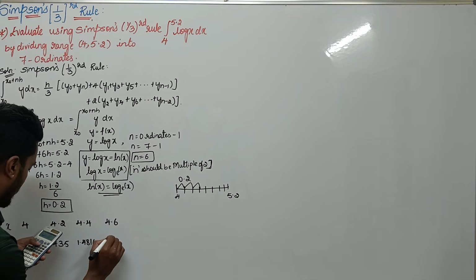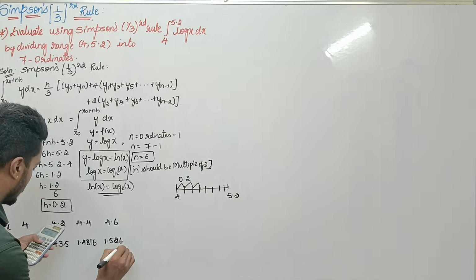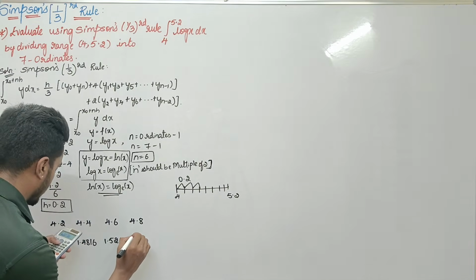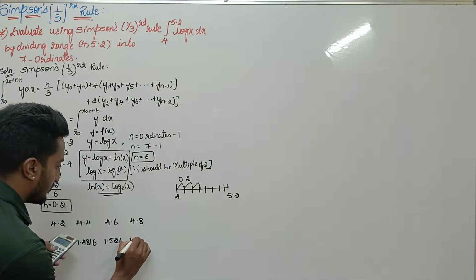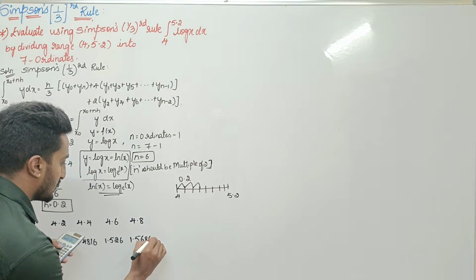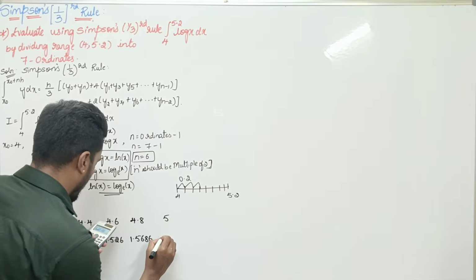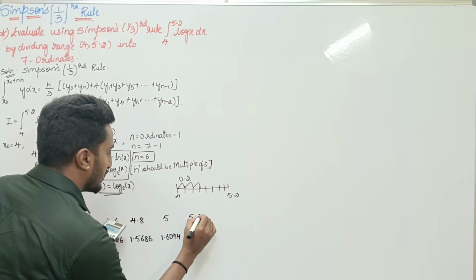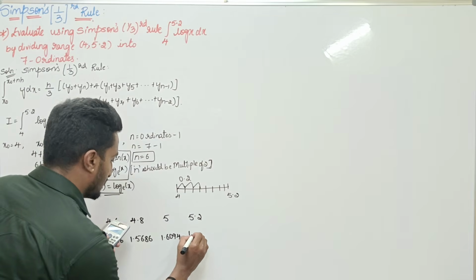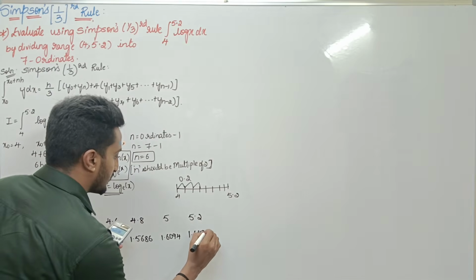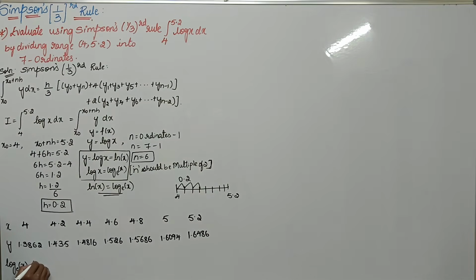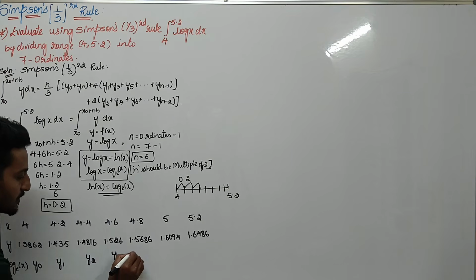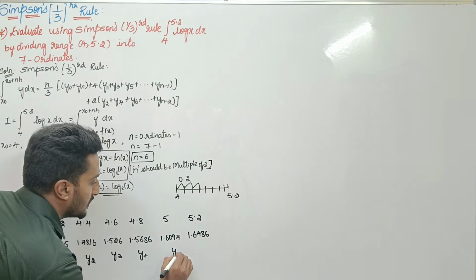For 4.6 I have 1.526. Next, 4.8, 1.5686, and 5, I have 1.6094, and the last, 5.2, that is 1.6486. Now I am going to represent these as y0, y1, y2, y3, y4, y5, and y6.